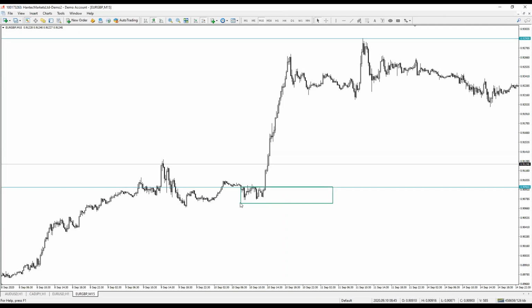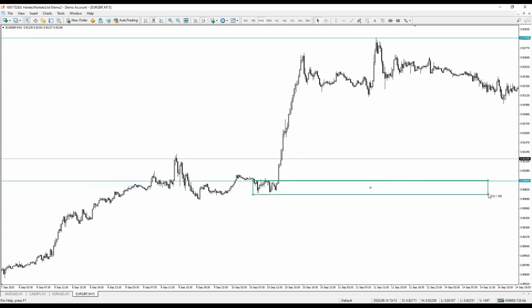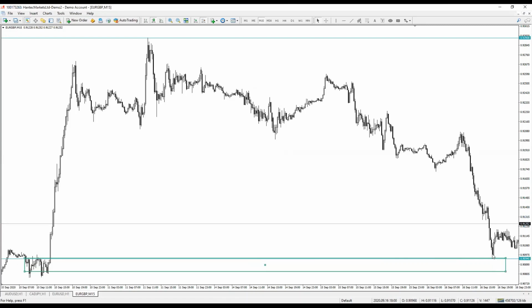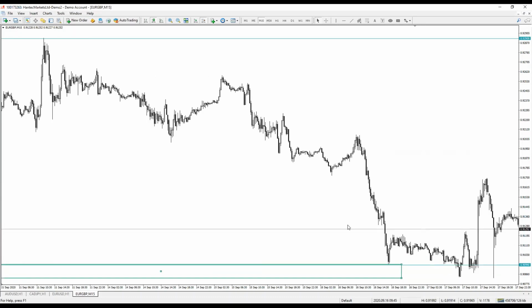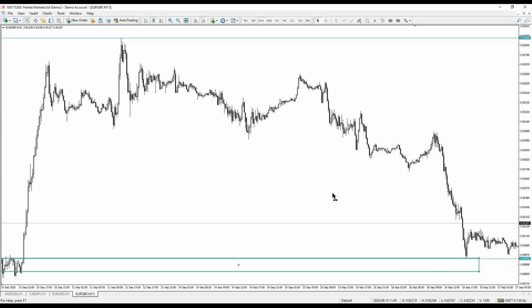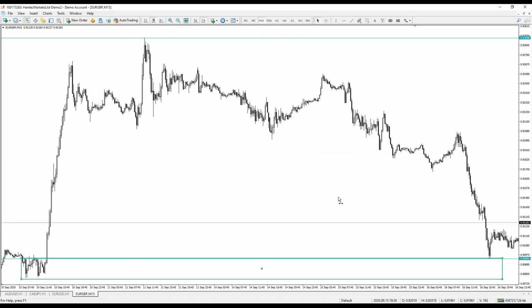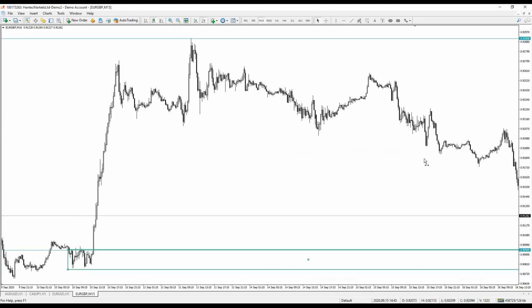The demand zone is drawn like this: from the decision point to the lower swing. Then we stretch it all the way to the future and wait for price to come. Once price does come, we see how precise the reaction is. It's not yet a reversal, it's just a reaction. So this is a demand zone.